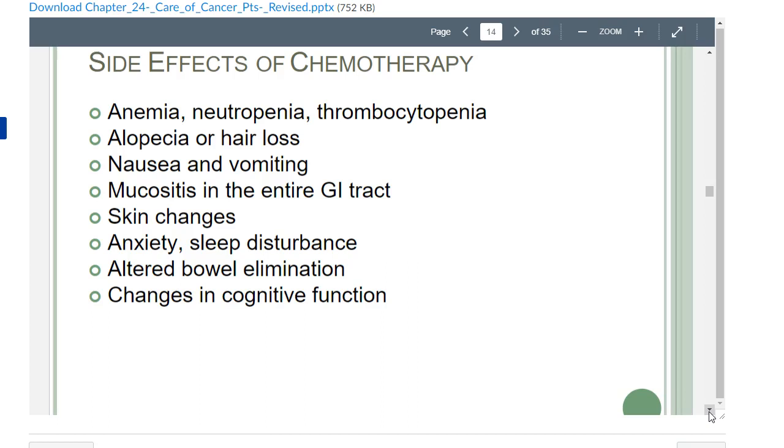This mucositis can just start in the mouth and go throughout the whole gut, and they're really prone to acquiring many infections. Skin changes, anxiety, sleep disturbances, altered bowel elimination, and even changes in cognitive functioning, okay?